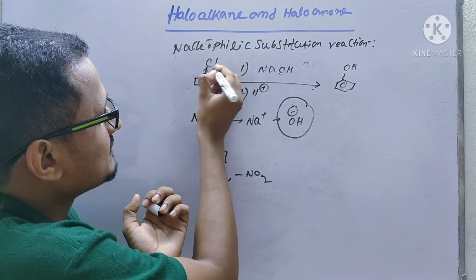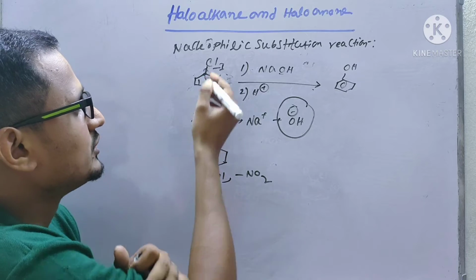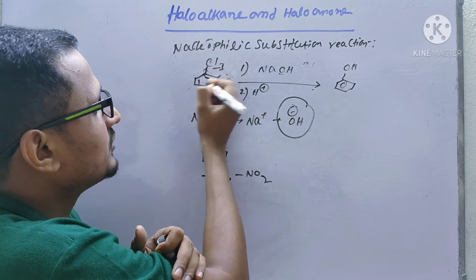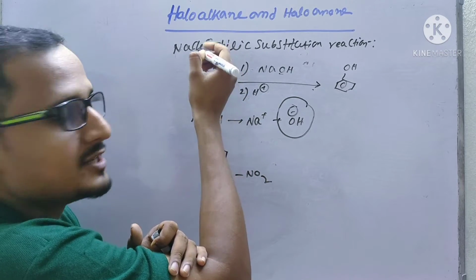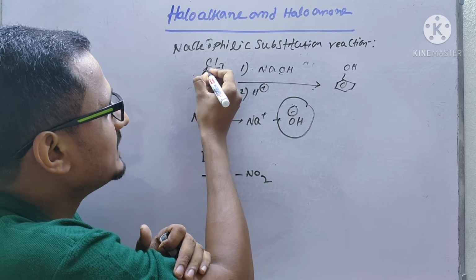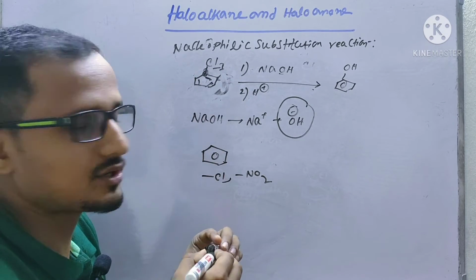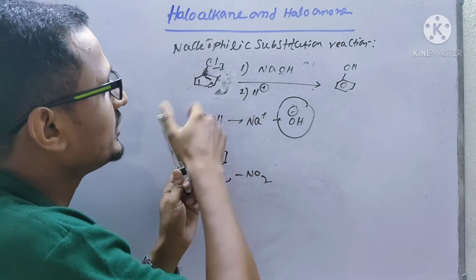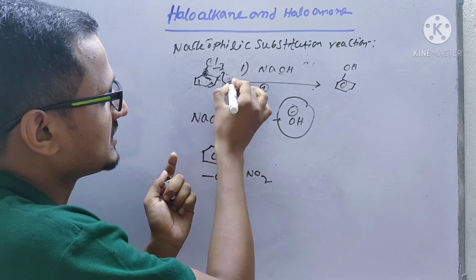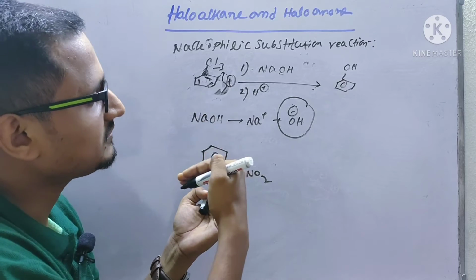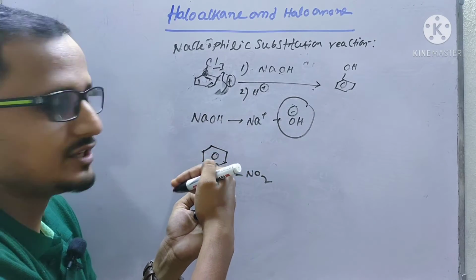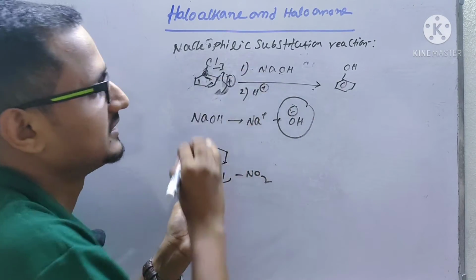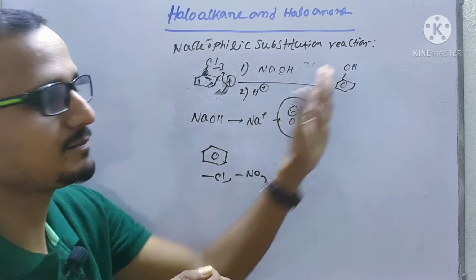Now Cl has a minus I effect, so it will withdraw the bonded pair, that means electron density from here, so that the electron density will become less in the benzene ring. You can take this as a positive charge, as it is decreasing the electron density. So any negative charge can attack here. After that, the substitution is possible.